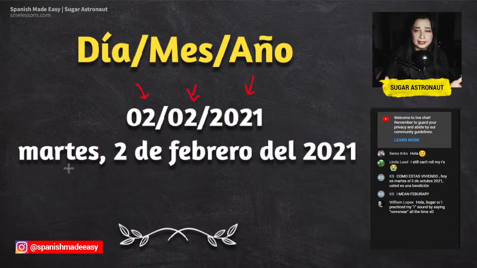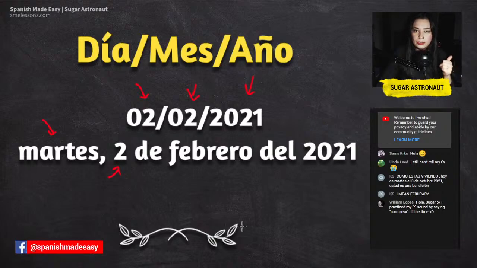Now, let's look at the second one. The second one, we can see that it says martes, because today is Tuesday, martes. You can say the day of the week first, and then you can add a comma there. And then we have the number, because even though today is Tuesday, today is the 2nd, right? So dos, you don't say segundo, because that's ordinal numbers in Spanish.